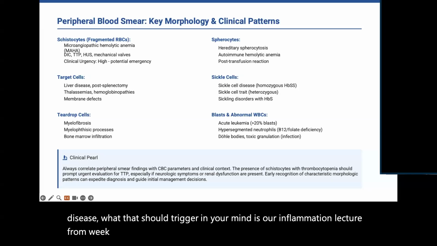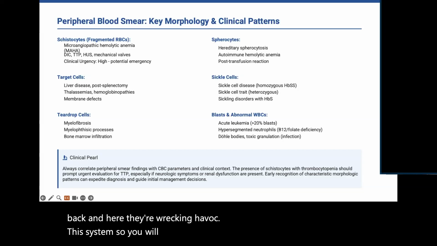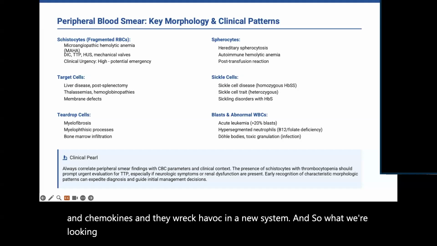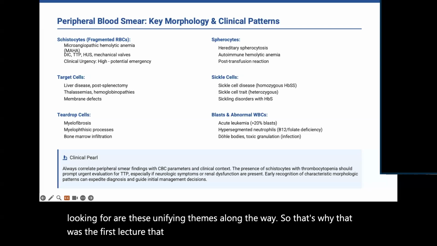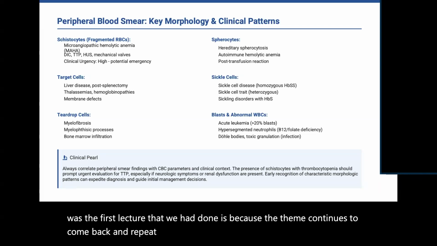All of those cytokines and chemokines are now coming back, and here they're wreaking havoc in this system. You will notice every week we bring back those cytokines and chemokines, and they wreak havoc in a new system. And so what we're looking for are these unifying themes along the way. That's why that was the first lecture that we did, because the theme continues to come back and repeat itself.